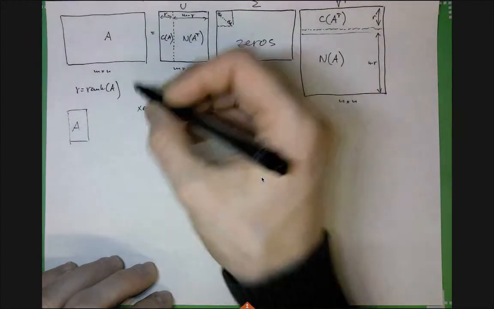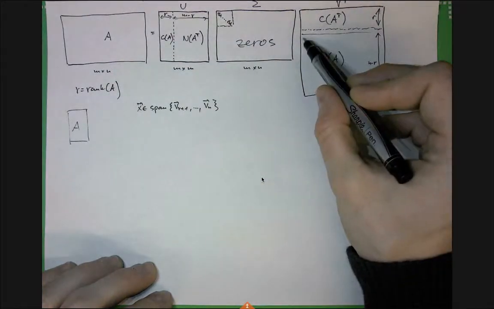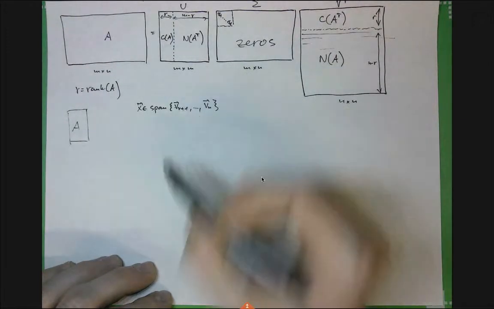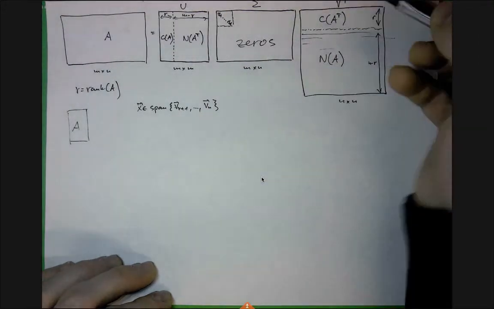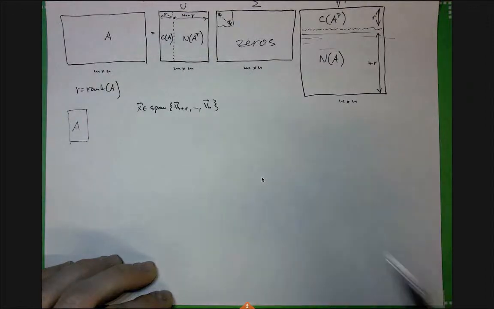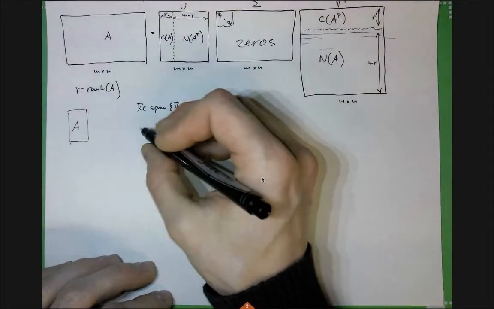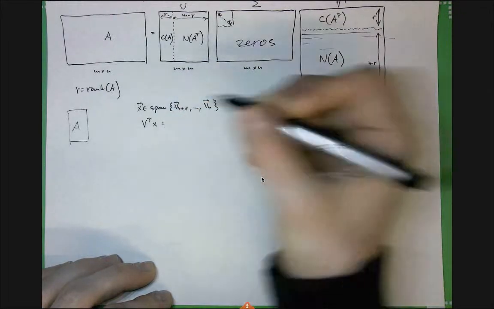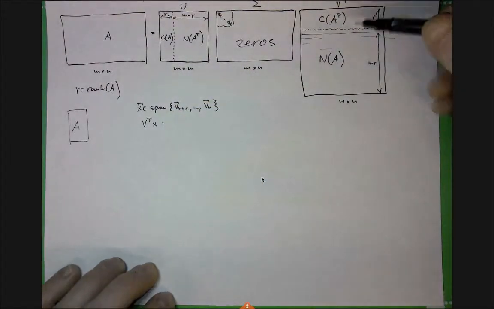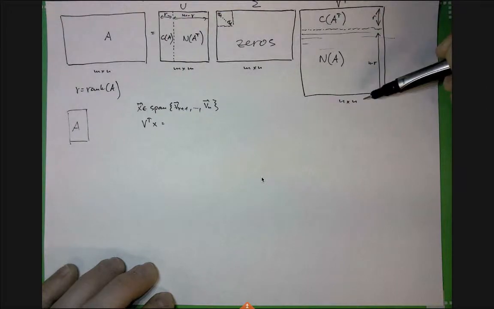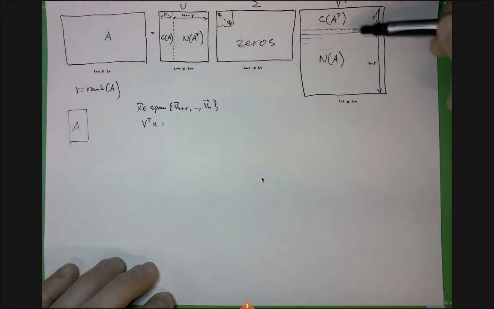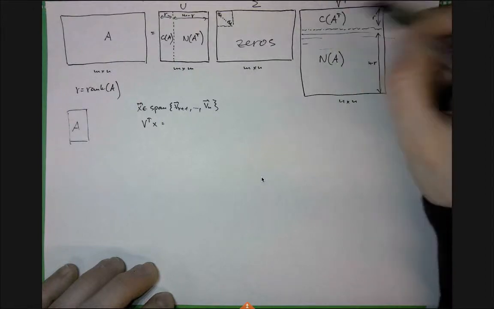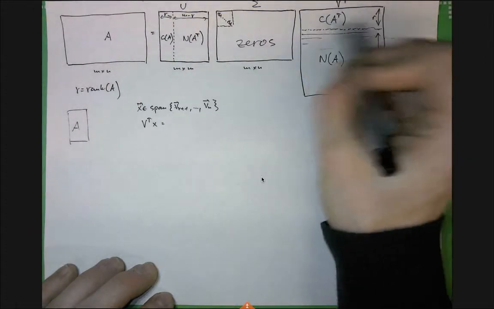So let's assume I take a vector which is a linear combination of these rows of V^T, aka columns of V. So if I do V^T x, what I'm going to get, because this is an orthonormal matrix, then all these vectors are orthogonal to all these vectors, right?